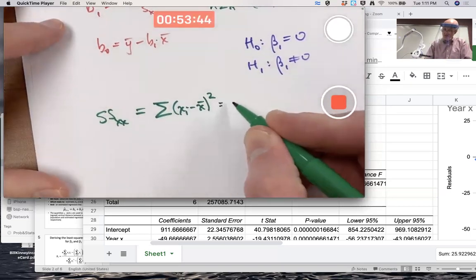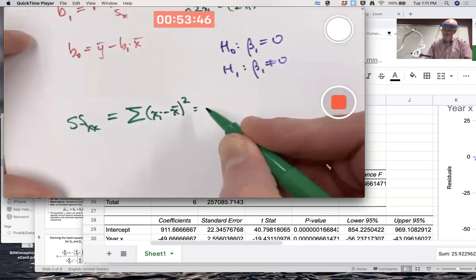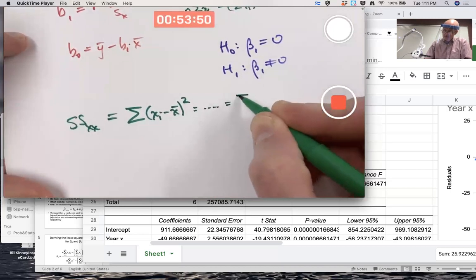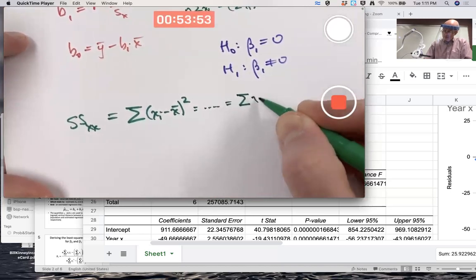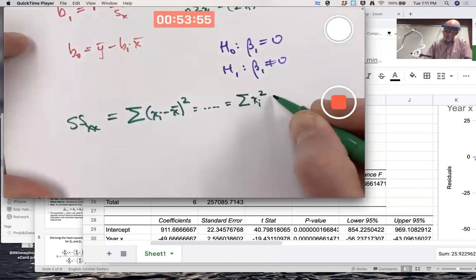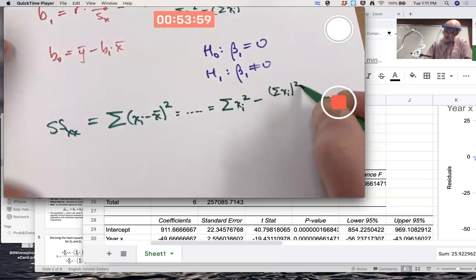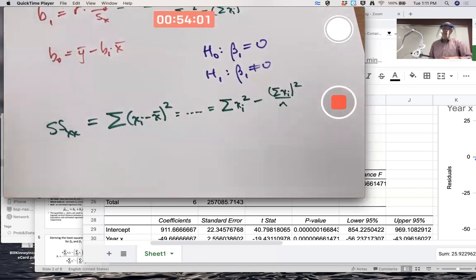And this does turn out to equal, though it takes a little work to verify this, the sum of the xi squareds minus the sum of the xi's quantity squared over n. That takes some verification. It's not super hard, but it does take a little work. It's not completely obvious that that's true.